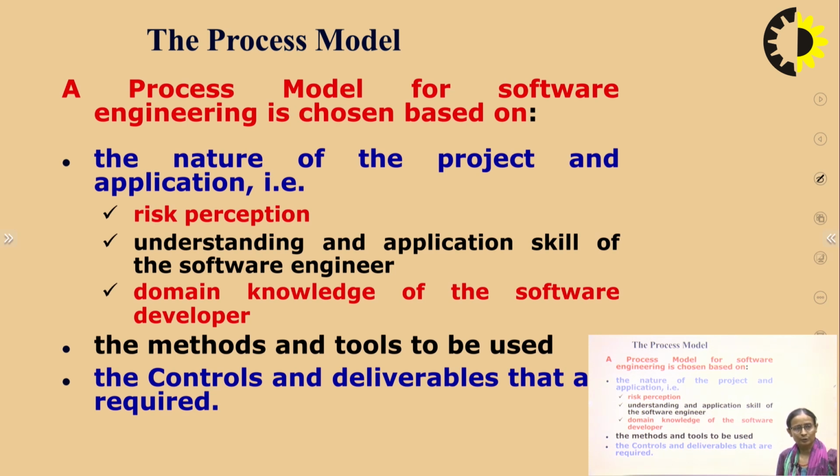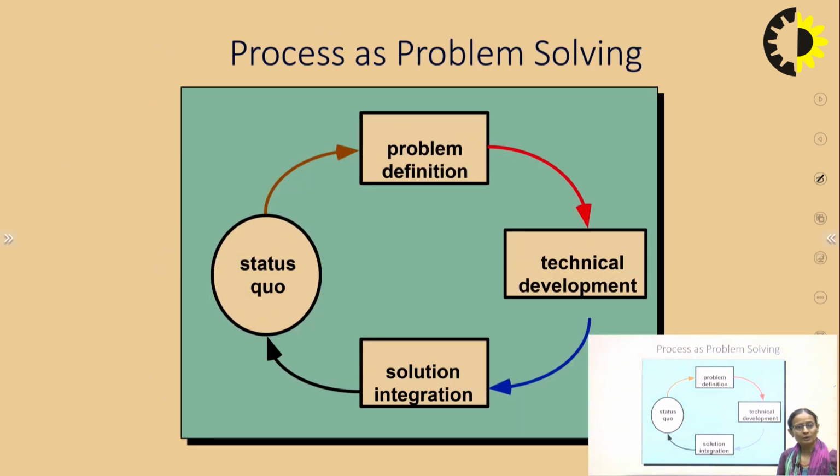If we see problem solving as a process in general, then first we need to define what the problem is, that is, problem definition. After defining the problem, you go to the development part, and here you go with the solution integration and all these things.